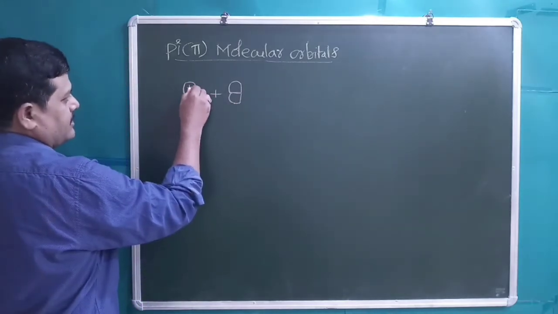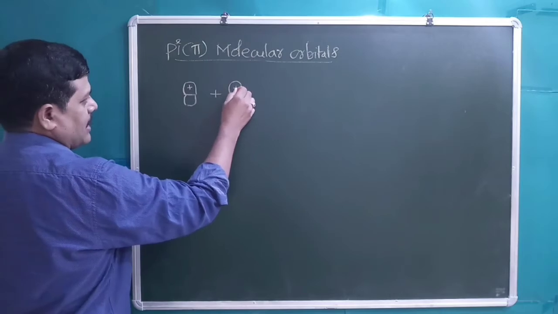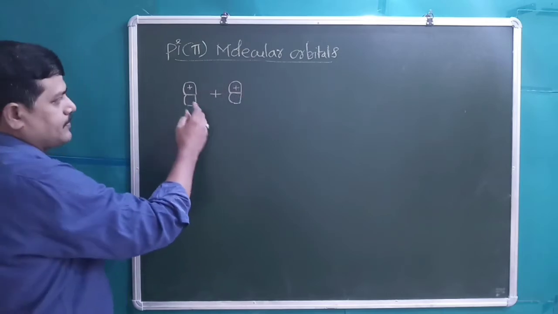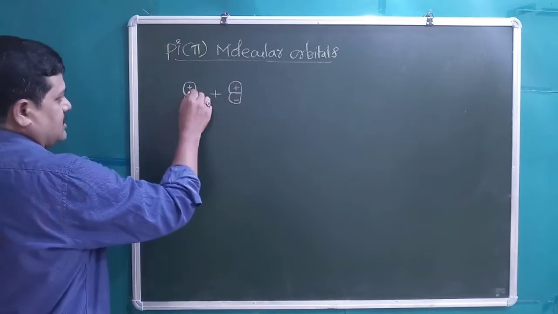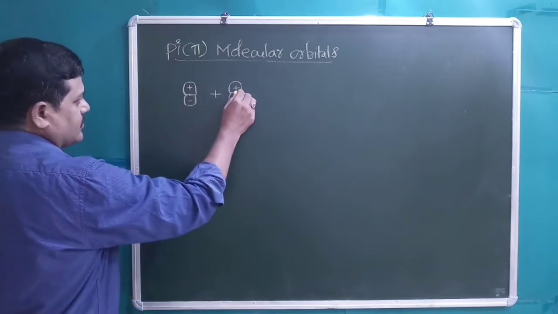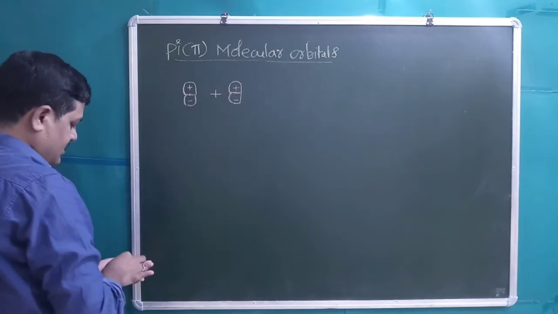The lobes having the same signs overlap sidewise. These dots indicate the nuclei.